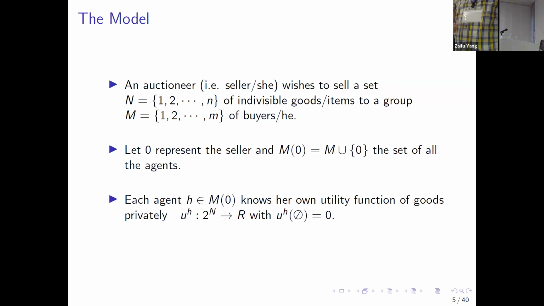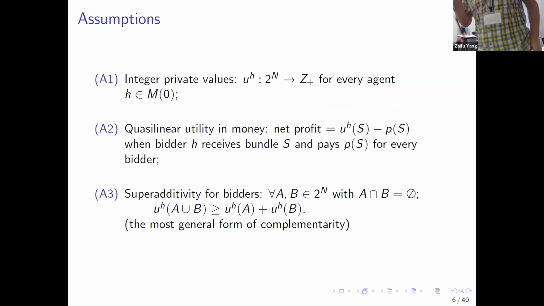So this is of course, when you have no goods, then the value is 0. Okay. So here we have some assumptions. As in the morning, I assume that all valuations are measured in units of currency, so integers, and then every agent has a quasi-linear utility in money.